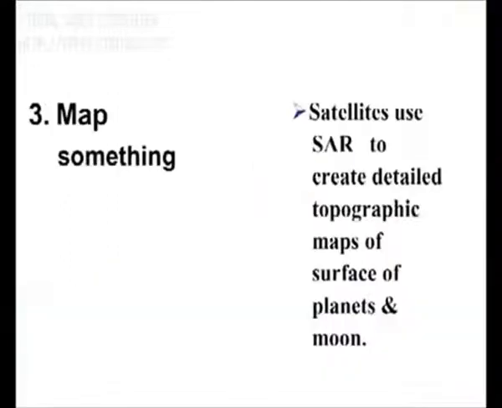Another major application people are taking advantage of these radars in is the area of maps, drawing the maps of the locations. From the satellites, we try to send these signals and get back the reflections to identify the location or to be able to give the map of a particular scenario. So this is possible by a special kind of radar called synthetic aperture radar, SAR.